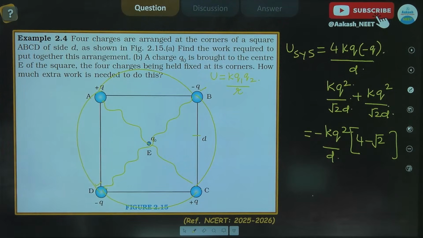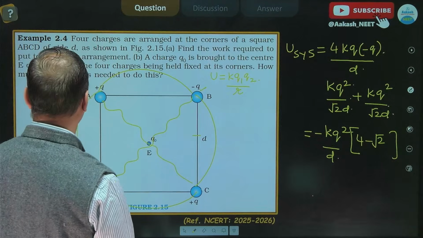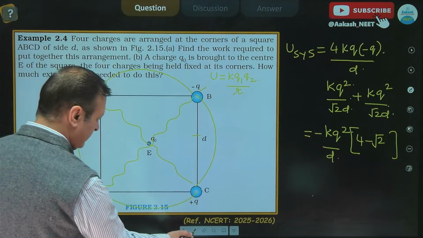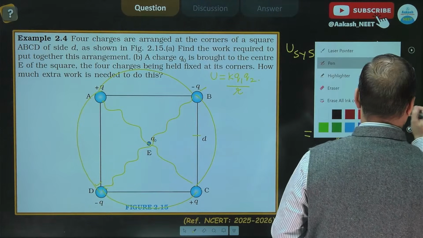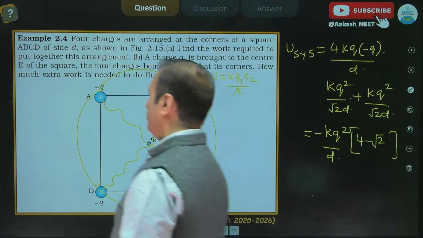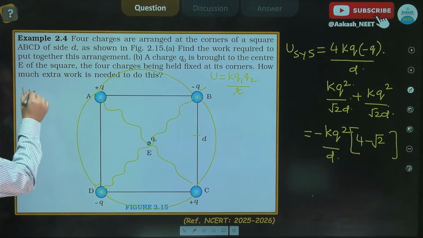Then the second part, B part, says a charge Q naught is brought to the center of the square, the 4 charges being held at its corner. How much extra work is needed? Now to define that extra work, again, this configuration is already there.